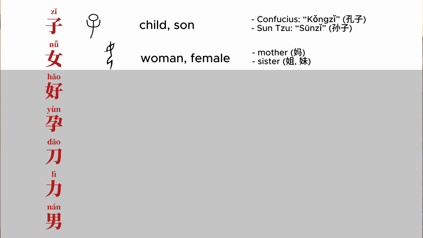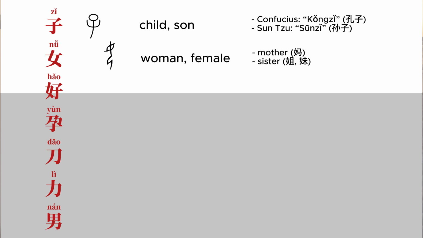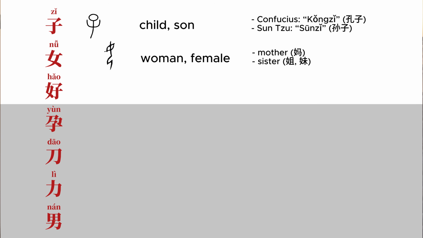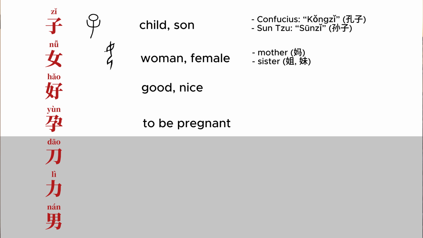When we combine 女 and 子 together, we get 好, which means good or nice, a scene full of love, harmony, and care. And 孕 means to be pregnant. It combines 子 and a shape which looks like a curved line, symbolizing the womb or rounded belly. So the structure shows a child inside a curved body, which beautifully expresses the concept of pregnancy.